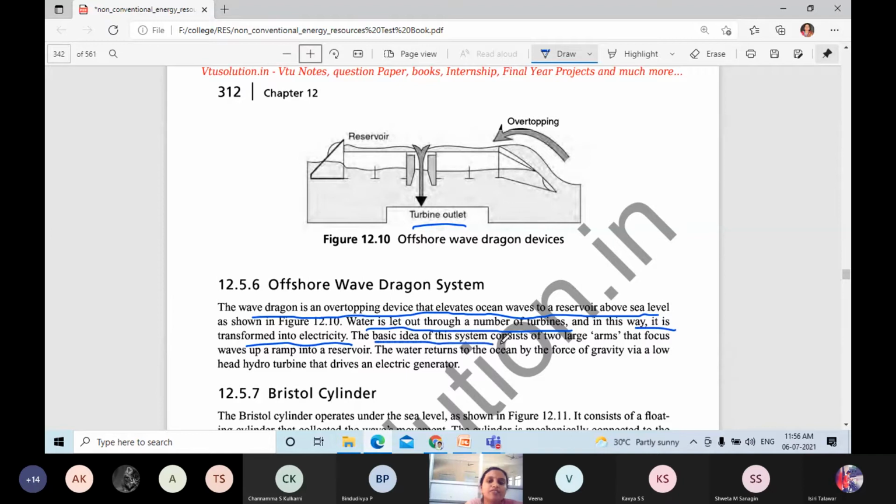The basic idea of this system is two large arms that focus waves up a ramp into a reservoir. The water returns to the ocean by the force of gravity via a low head hydro turbine that drives an electric generator. It is similar to a dam working.